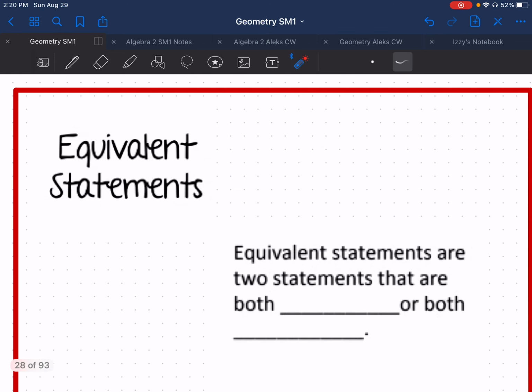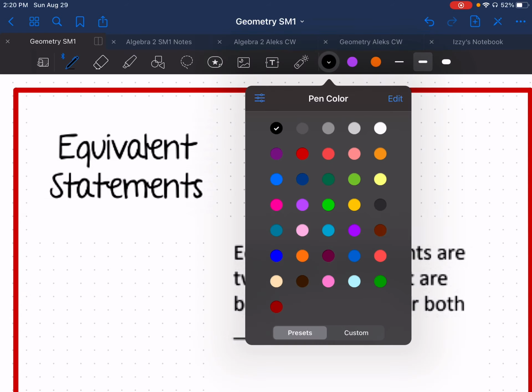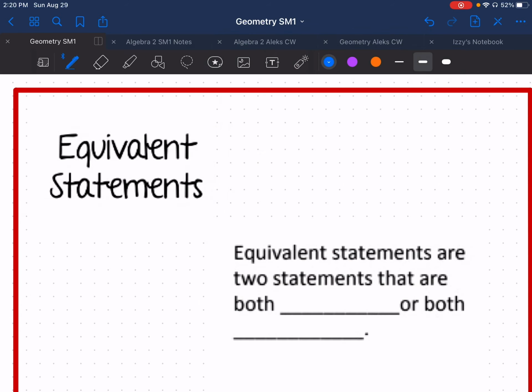All right. The last thing I want to talk to you guys about, vocabulary wise, is equivalent statements. Whew, what a tongue twister. Equivalent statements are two statements that are both true or both false. Okay, you can't have one of them true and one of them false.